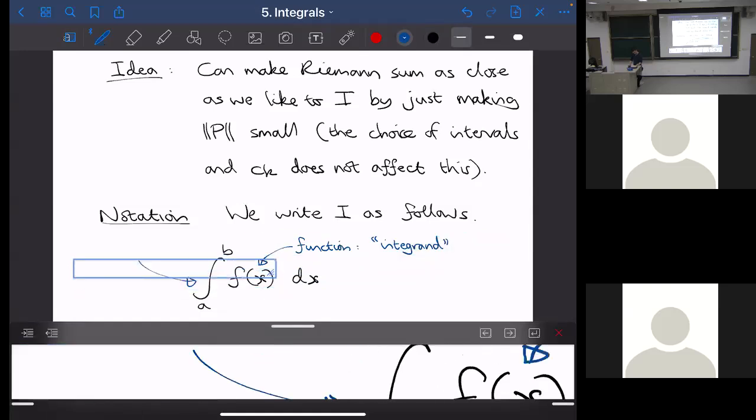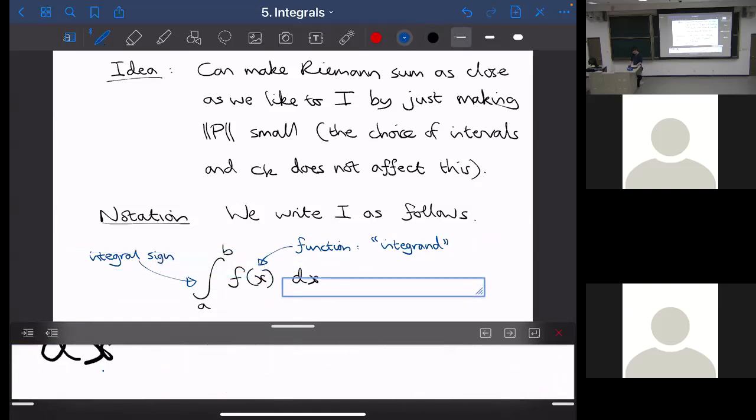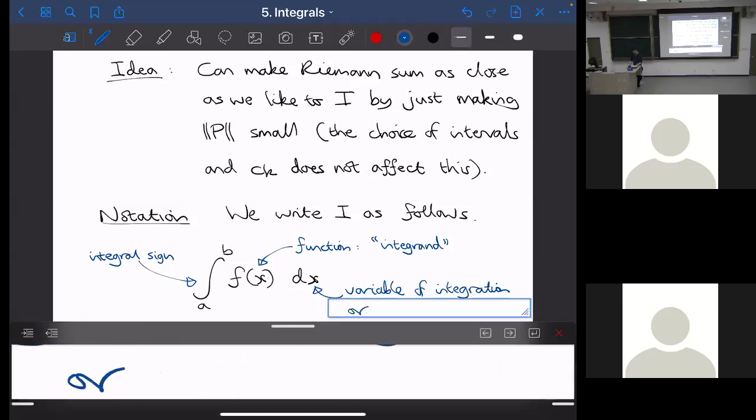This is the integral sign. x is the variable of integration, or the dummy variable.